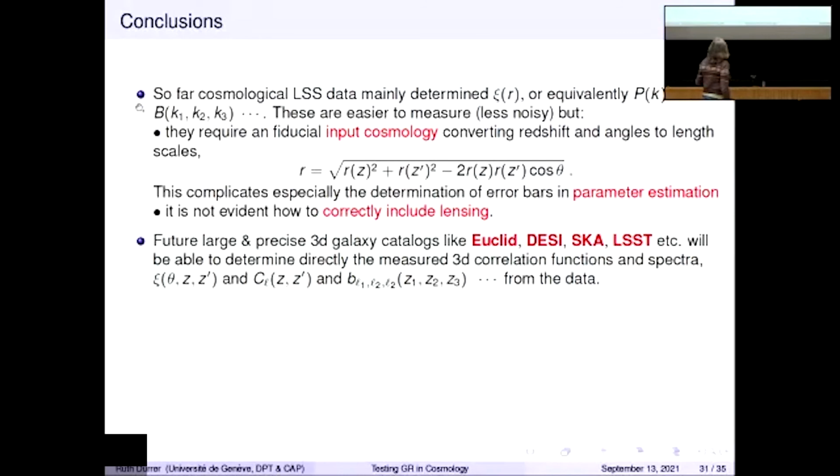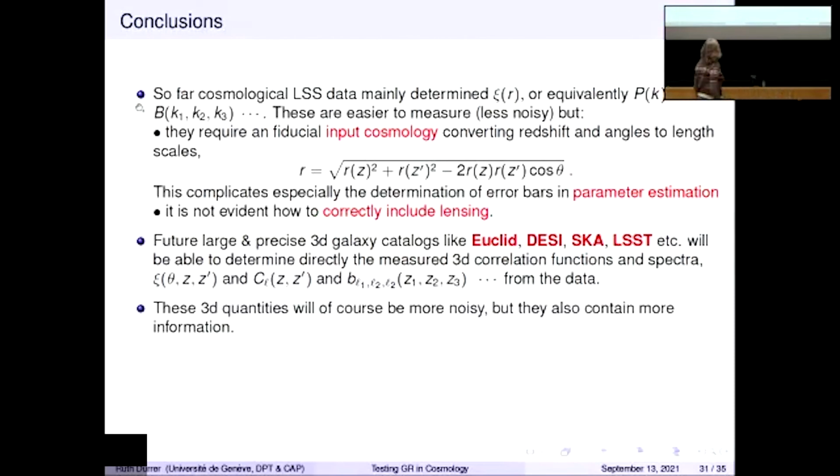So if you want to do true 3D catalogs, your coordinates have to be an angle and two redshifts, and not three spatial coordinates. And you have to compute this angular spectrum or bispectrum. But data will be good enough to do this, and I think this will eventually be done.